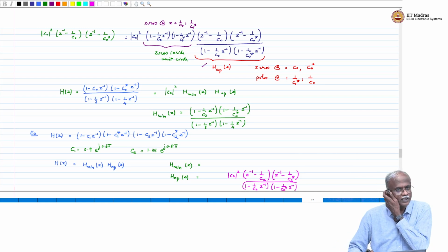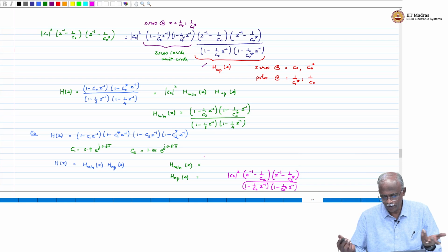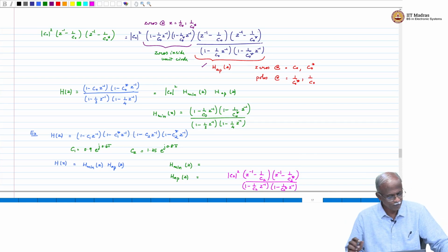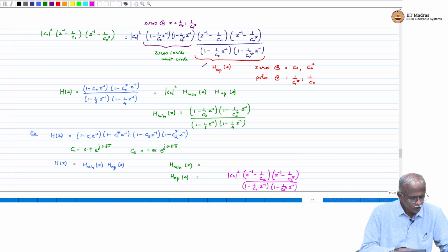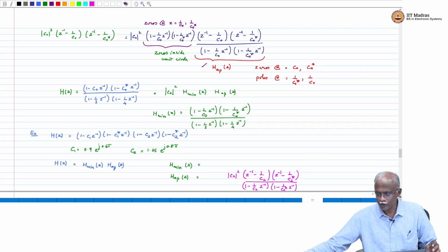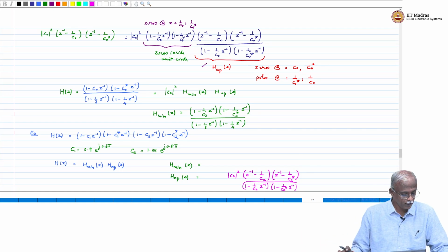Okay, so that will be the all-pass transfer function. Of course, the minimum phase transfer function, I'm sure you will be able to get it without much difficulty. Okay, so this more or less brings to an end our discussion of minimum phase transfer functions.